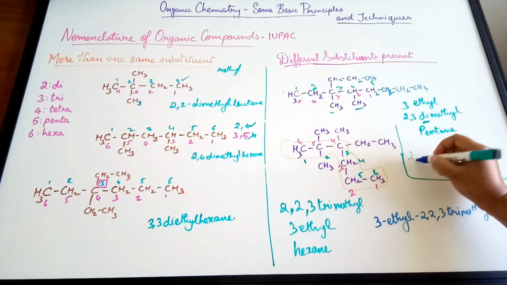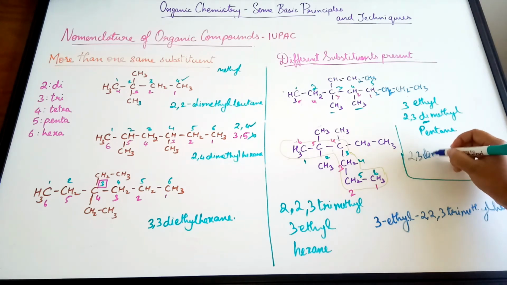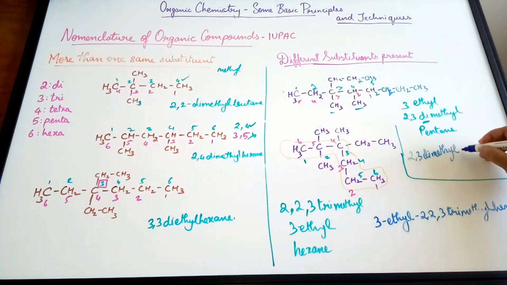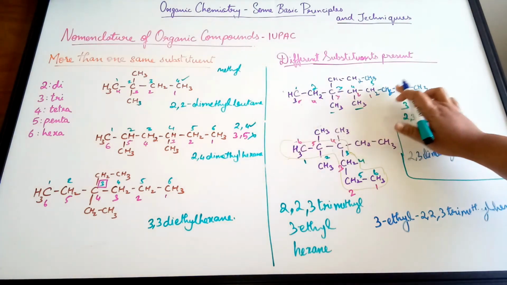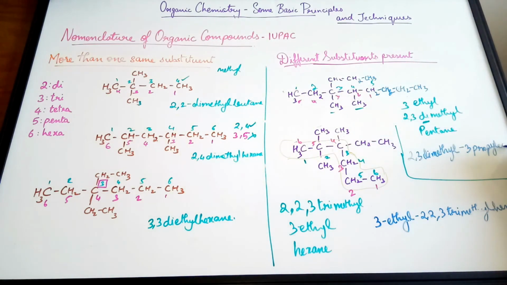So 2,3-dimethyl, because M comes before P, so dimethyl, 3-propyl. I forgot how many carbons I put. 1 2 3 4 5 6 7 8 octane. So here we've ordered it in such a way that we know M comes before P, right?